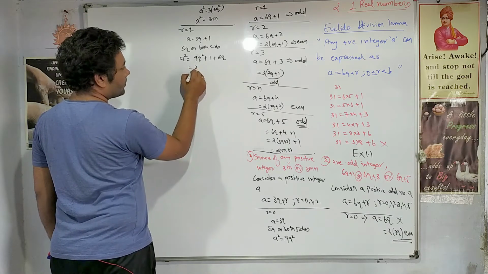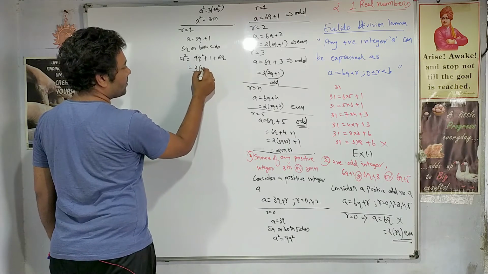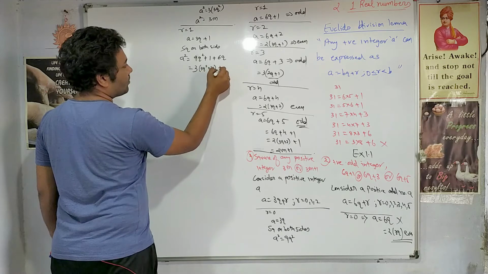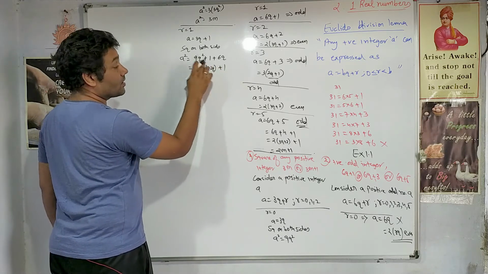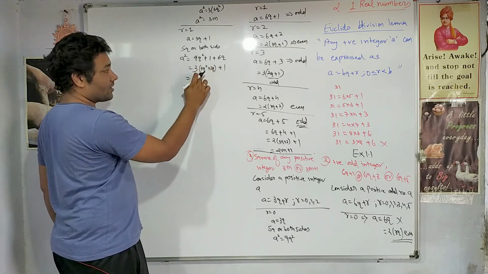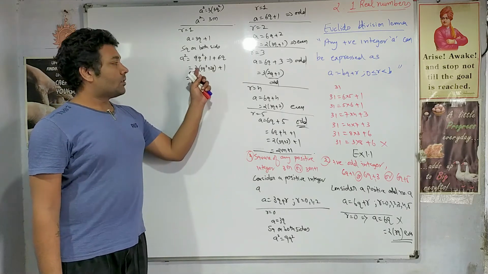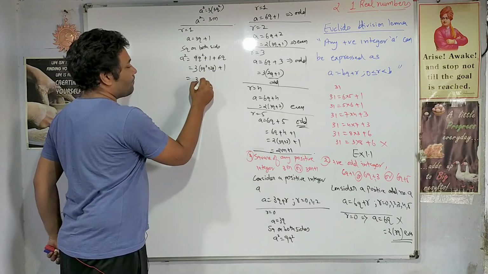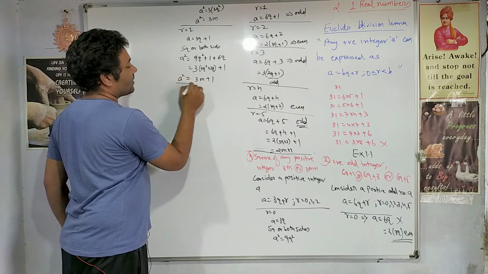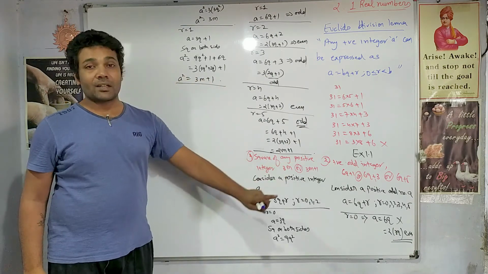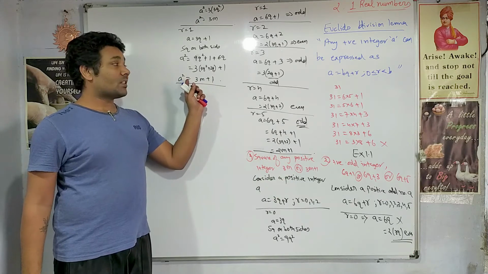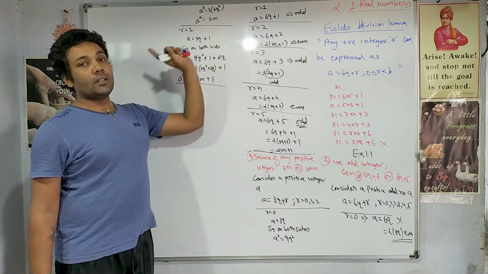Simplifying further, 3 common from these two, so 3q square plus 2q plus 1. So this is nothing but again some number, and what does this represent? This obviously represents some digit. So 3m plus 1. So again see, this is as per the question, that square of any positive integer is either in this form or in this form.